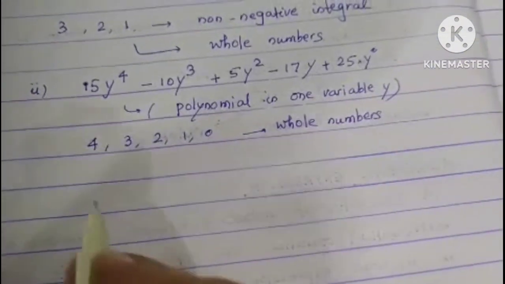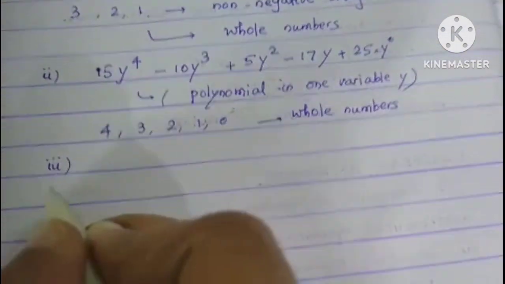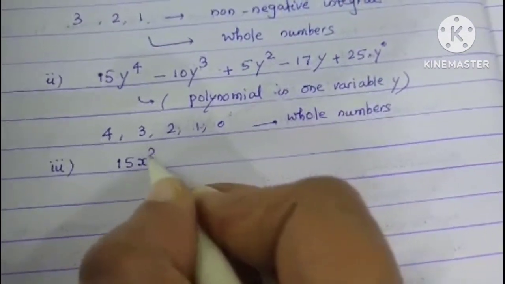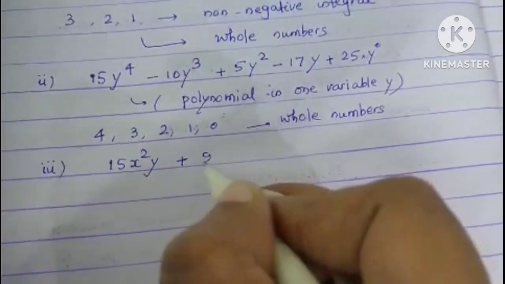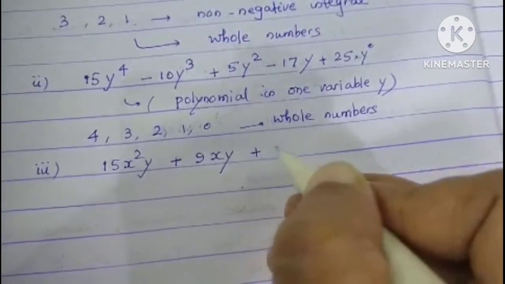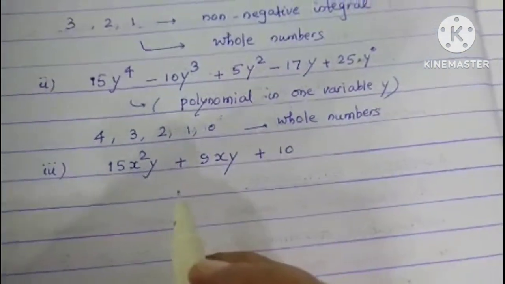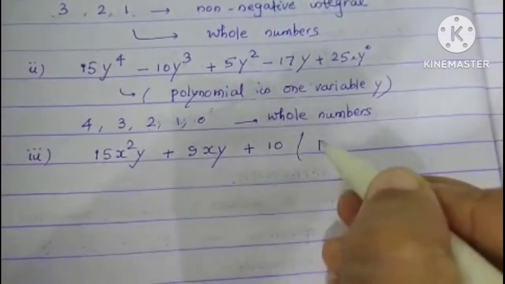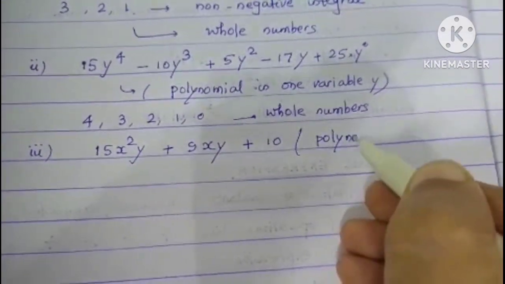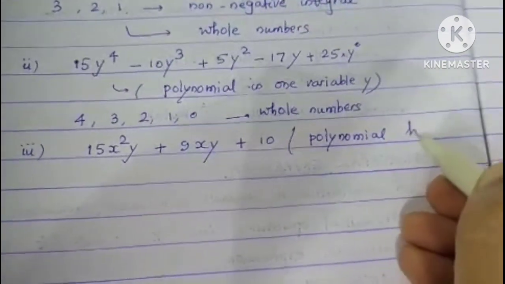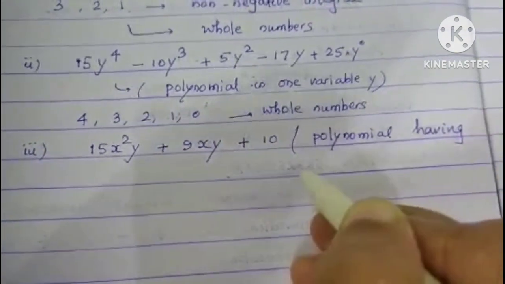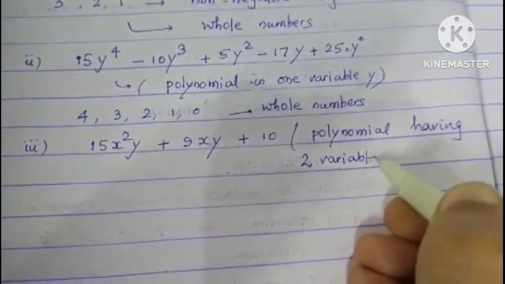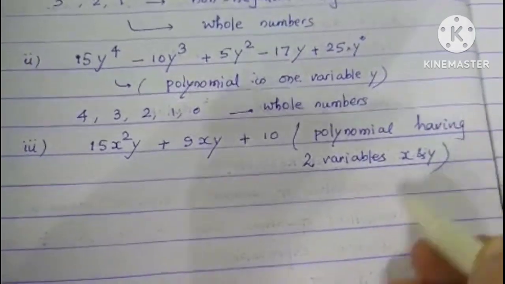Okay. Now you can write one example of having two variables. Like this: 15x square y plus 9xy plus 10. So this polynomial is having two variables, x and y.